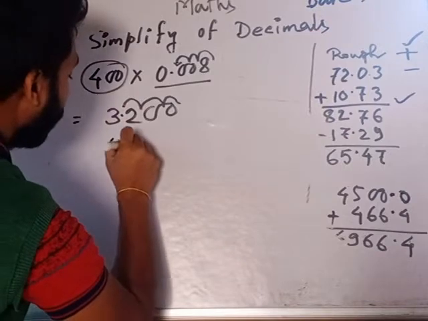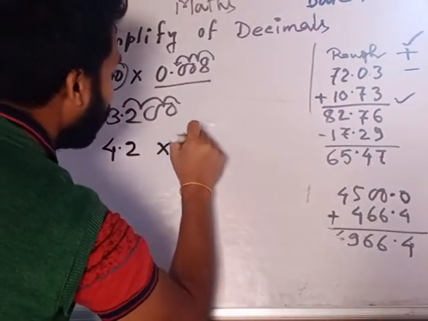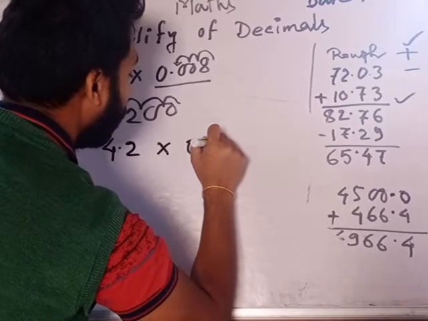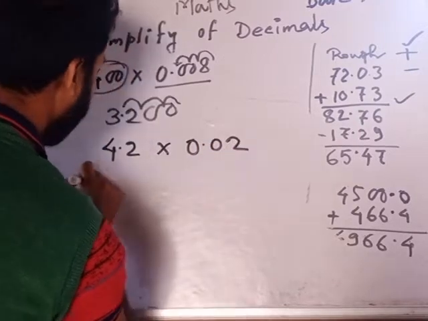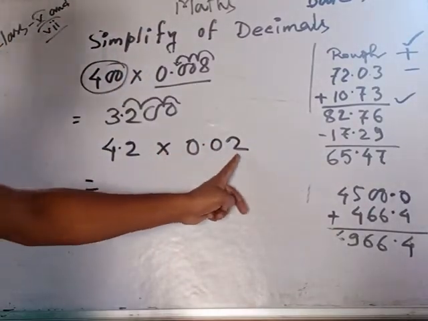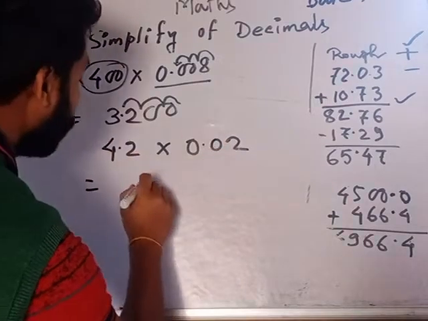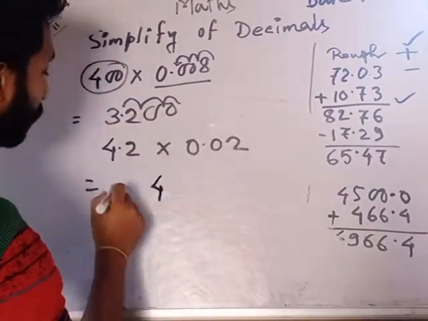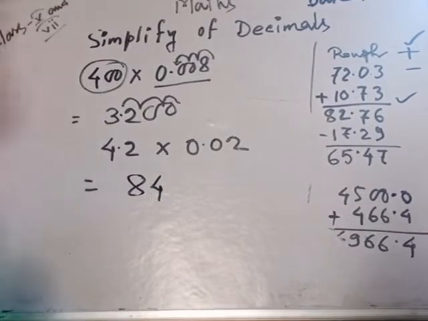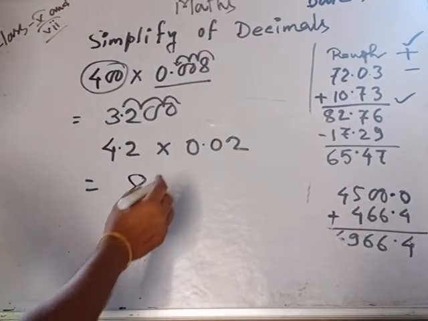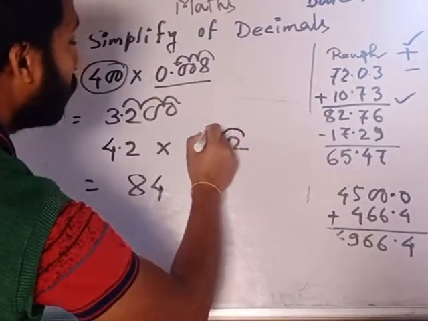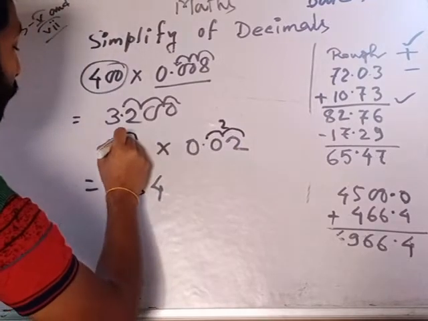Suppose it is 4.2 into 0.02. So at first we should multiply with this 2 now. 2 2s are 4, 2 4s are 8. We should write here the point, but where does the point go back? 2 digits and 1 digit back.